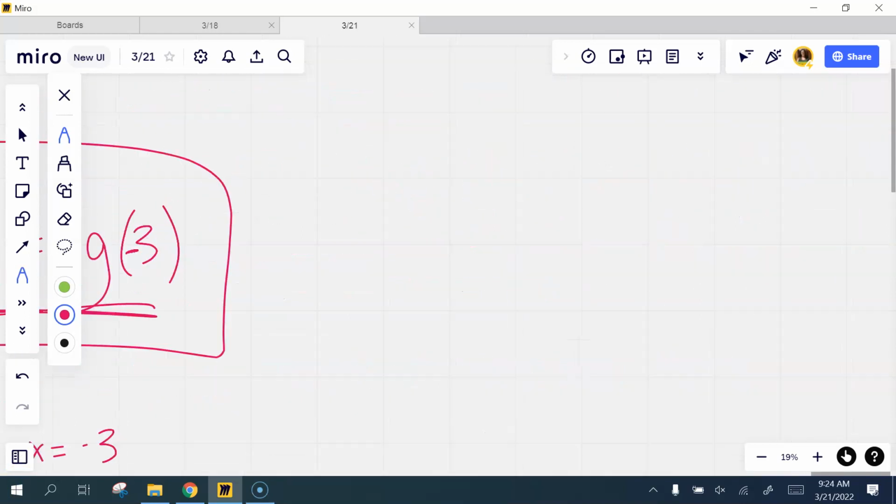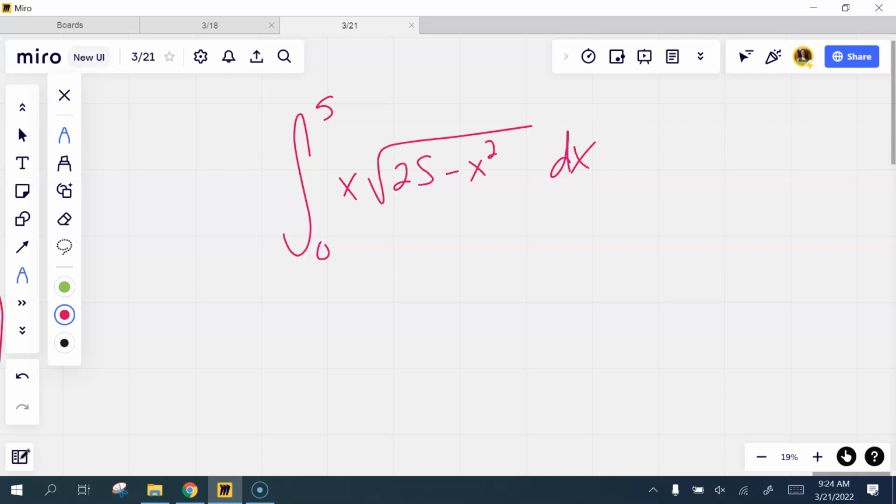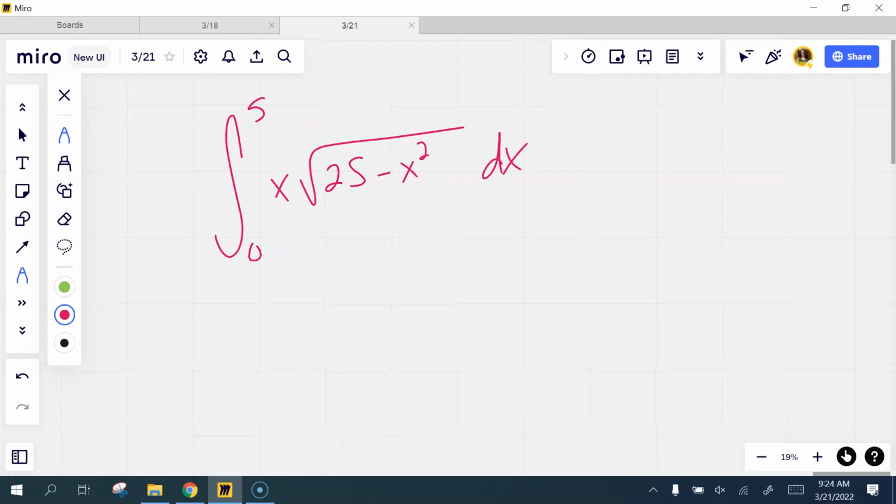Find the value. This was a u-sub. I enjoyed this problem. Thank you, Dylan. If I let u be 25 minus x squared, du would be negative 2x dx.